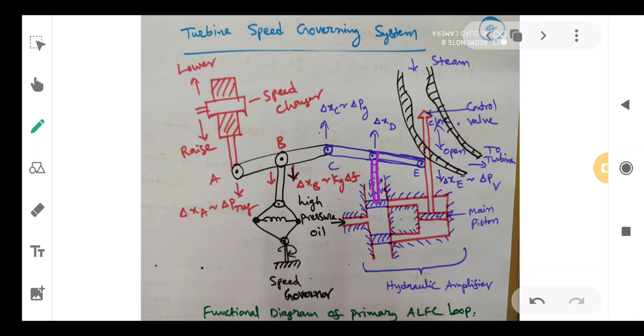So when the frequency is increased, the outward movement of the balls leads to a decrease in the steam input to the turbine, and hence a decrement in the power generation Pg.